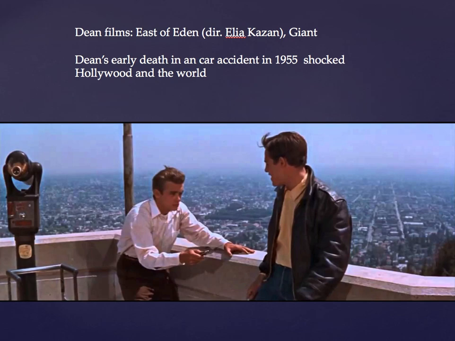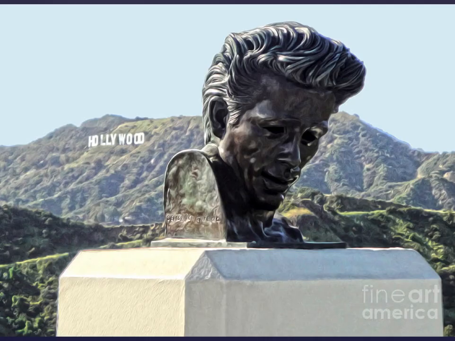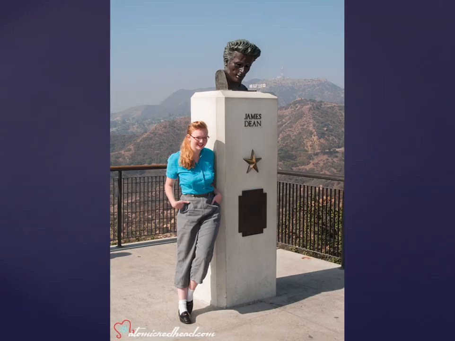And if you were to go up to Griffith Park today, the observatory, then you will see this bust of James Dean, and you can go and take your picture next to it. Frame it up just like that so you can see the Hollywood sign right back there.